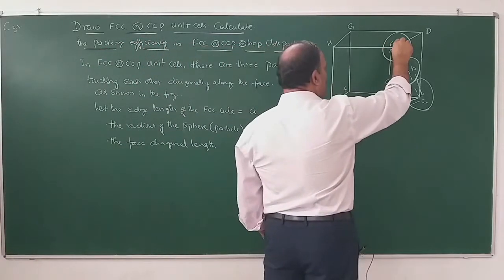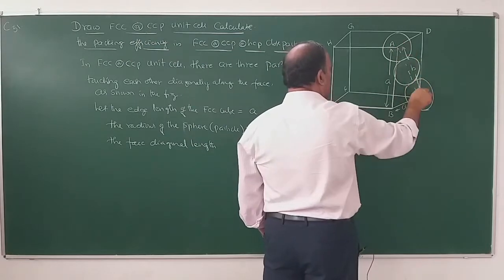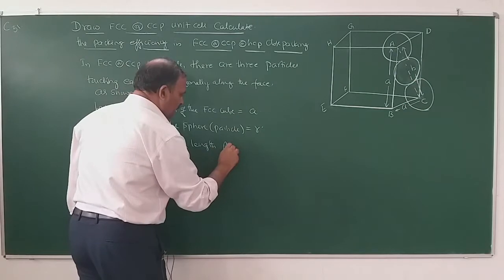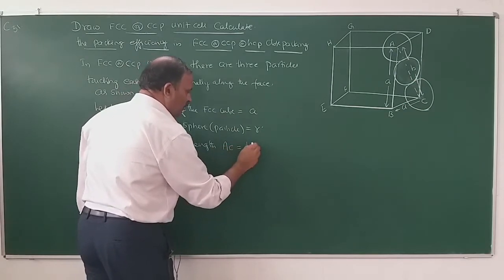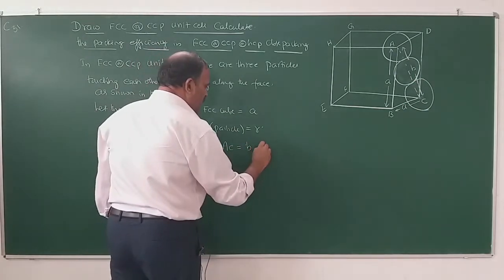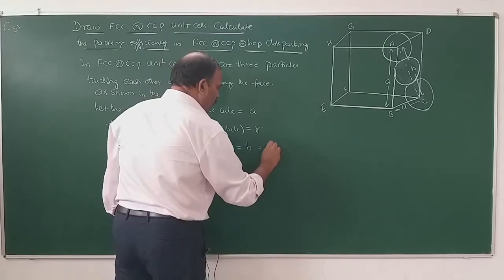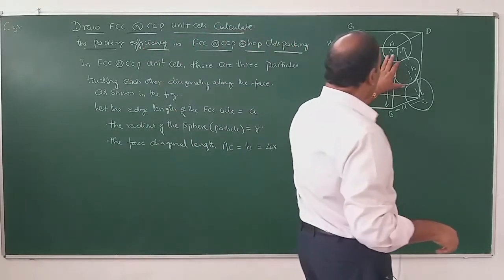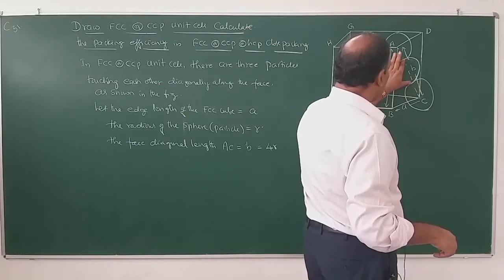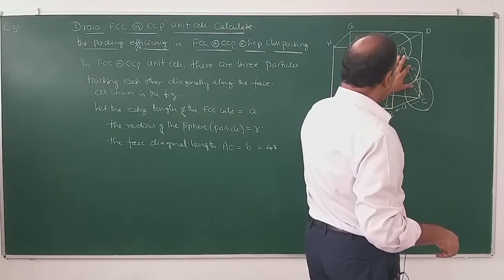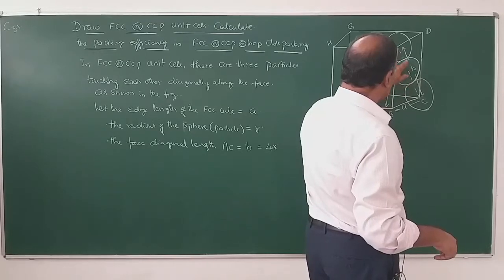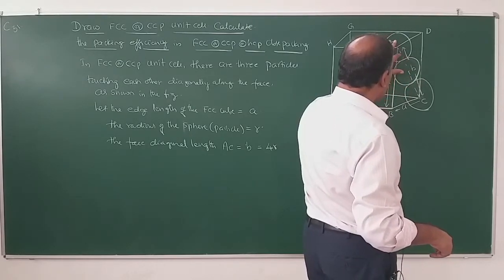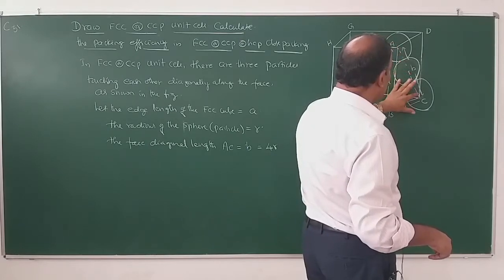This is the face diagonal AC. The face diagonal length AC, which is b, is equal to what? It is equal to 4r. Here this is one particle, its diameter is equal to 2r. This is another particle, its radius is 1r. 1r, 2r and 3r.